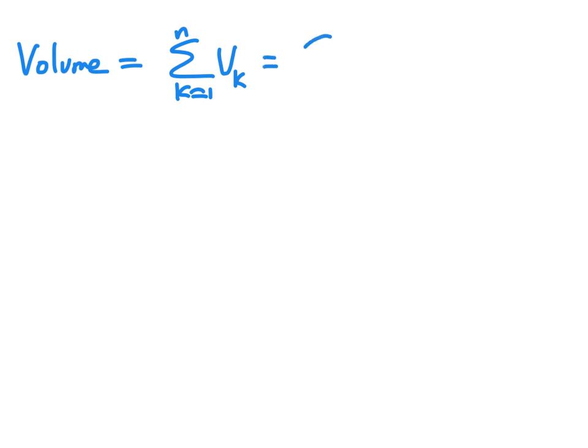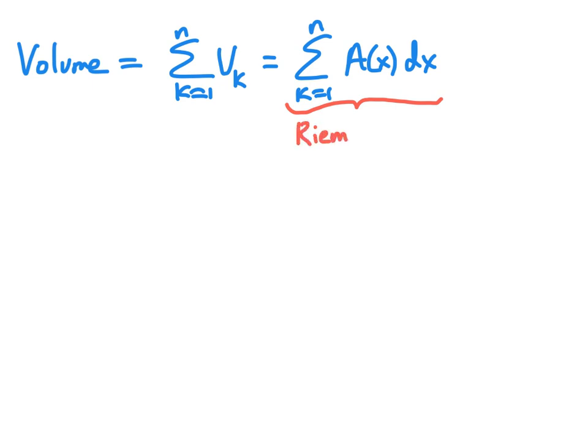And we just determined that we can think of the volume of each of those slices as the cross-sectional area of that particular slice at the particular value of x that we need, multiplied by dx. Now this sum on the right-hand side might look familiar to you, at least the format of it, and that is because this is an example of a Riemann sum.